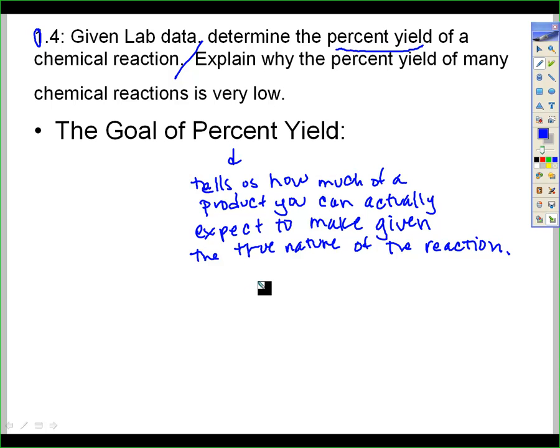So there may be some things about the reaction that cause it so that you can't make as much product as we've been calculating you should be able to get. Some reactions have a characteristic percent yield that will tell us, in the real world, how much of this am I actually going to get? So it's very relevant to the real world.